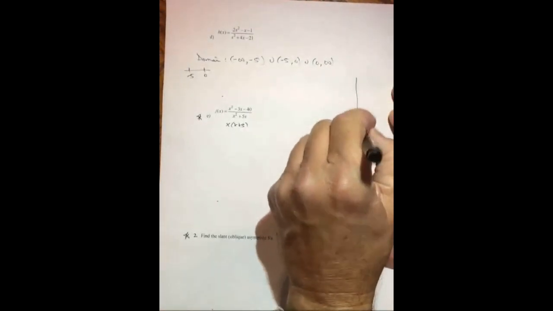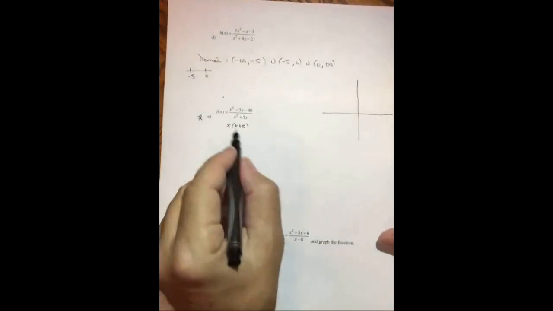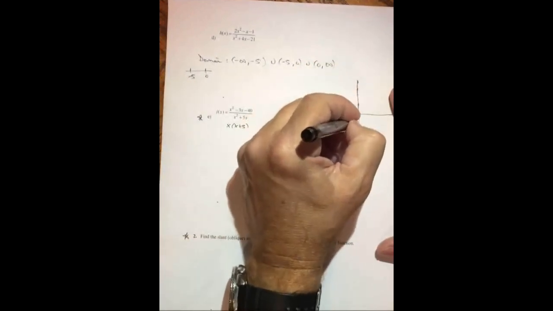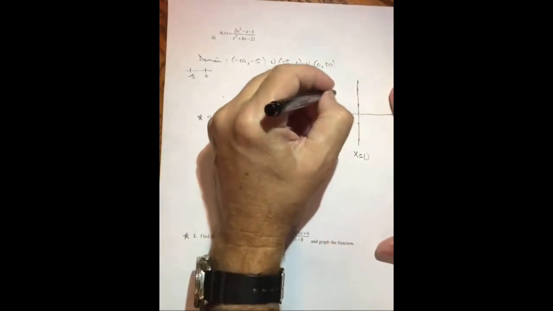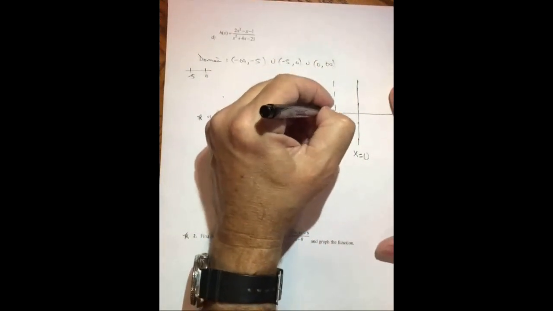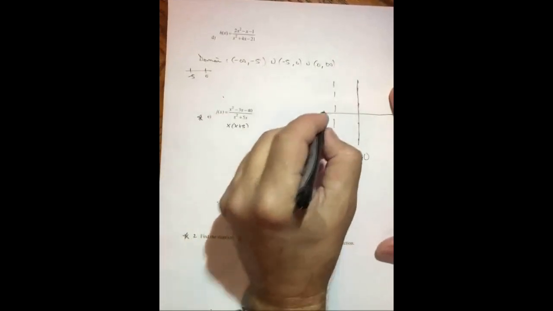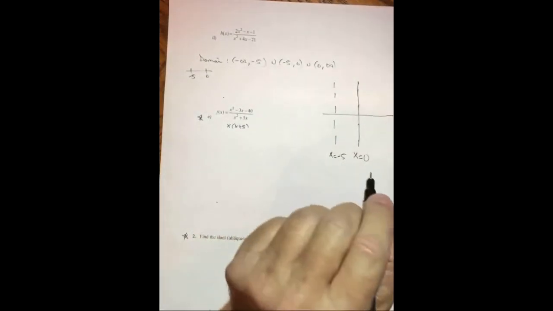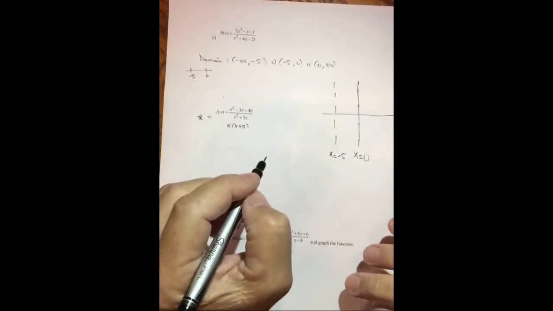Well, I also get the vertical asymptotes, don't I? The vertical asymptotes are x equals 0 and x equals minus 5. Okay? Now, what else did we have to find? X-intercepts and y-intercepts.